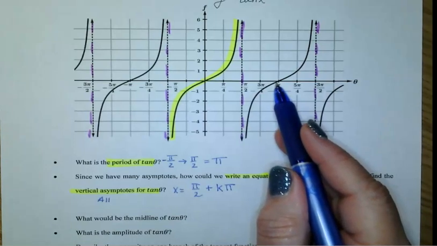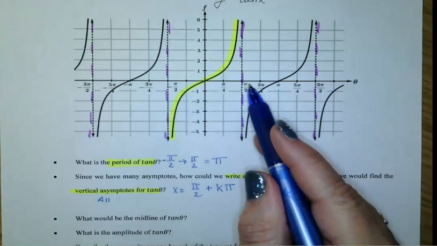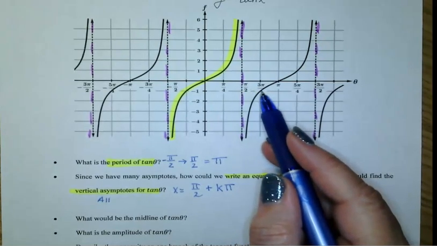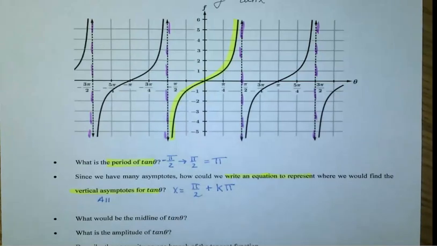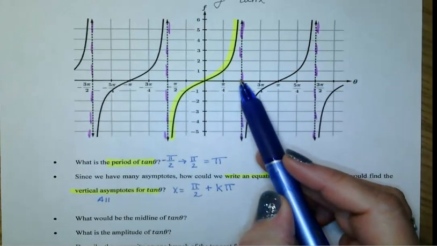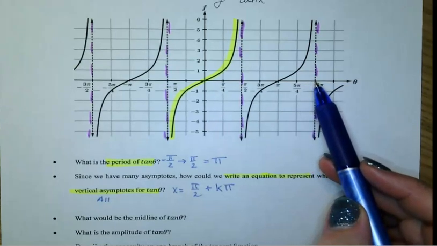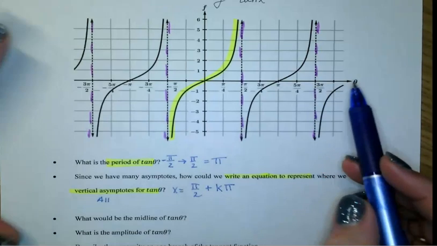It's a point of inflection, but not a vertical asymptote. Or what if I went pi over fours? So in order to ensure that when we jump, we're jumping from one vertical asymptote to the next, which is a period away, we have to make sure it's a whole number of periods that we jump.